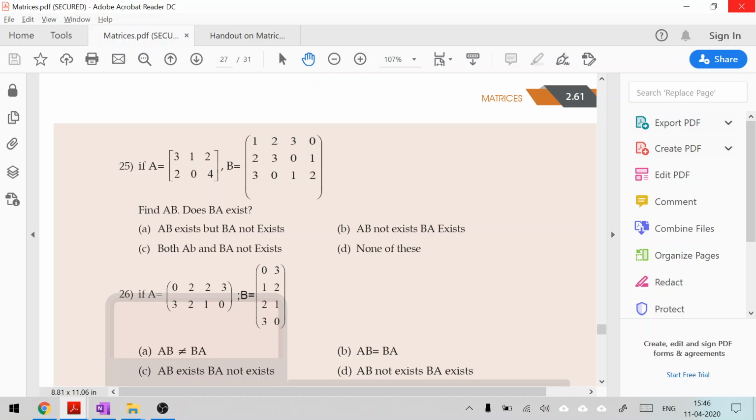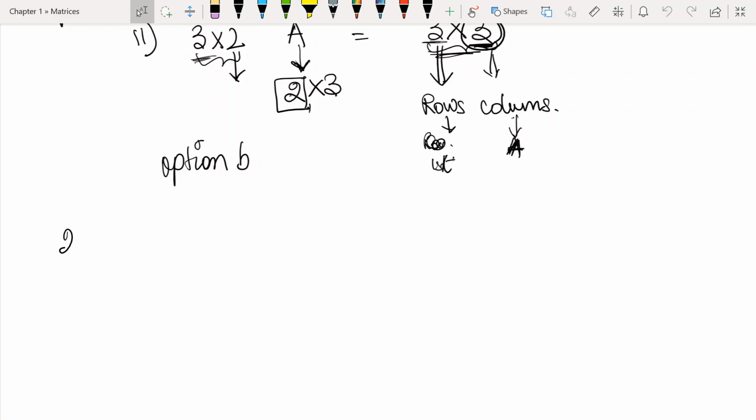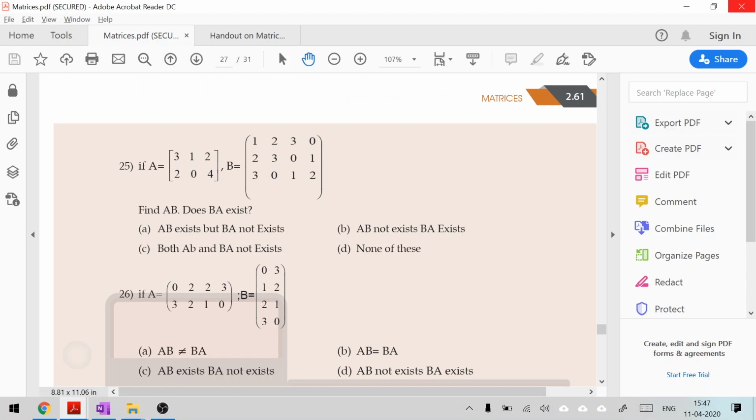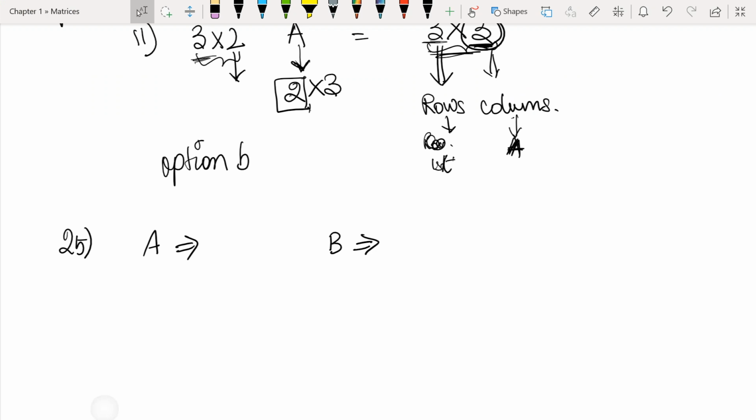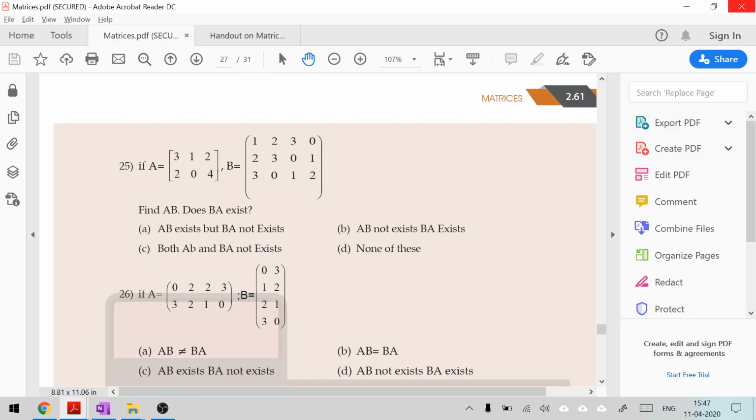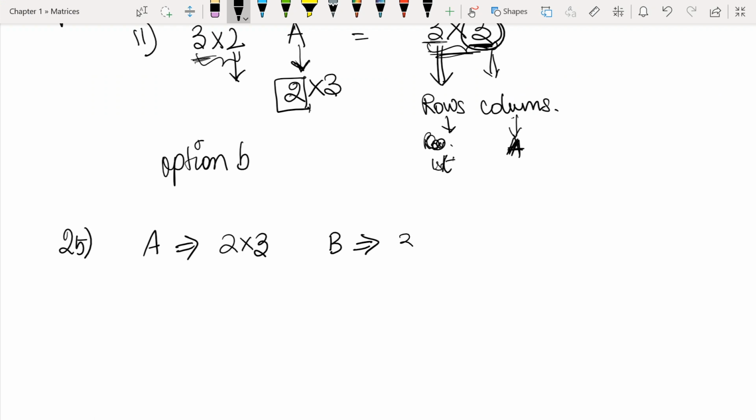Can you multiply AB? Yes we can, because in question number 25, the order of A is 2 rows and 3 columns, so 2 by 3. And as far as B is concerned, 1, 2, 3 rows and 4 columns, so 3 by 4. So the number of columns is equal to the number of rows. So AB exists.